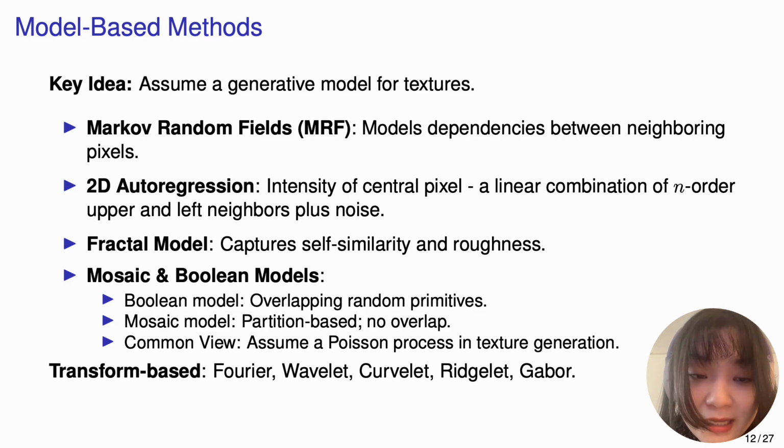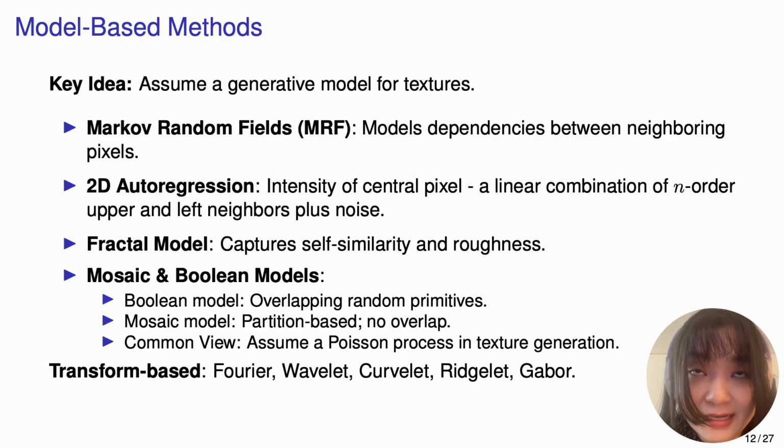But the Boolean model allows overlapping of the random primitives. The mosaic model is partition-based. It divides the texture into small partitions, so there's no overlap for the mosaic model.